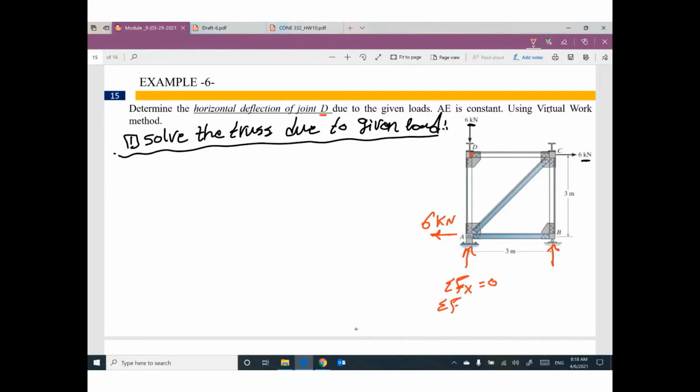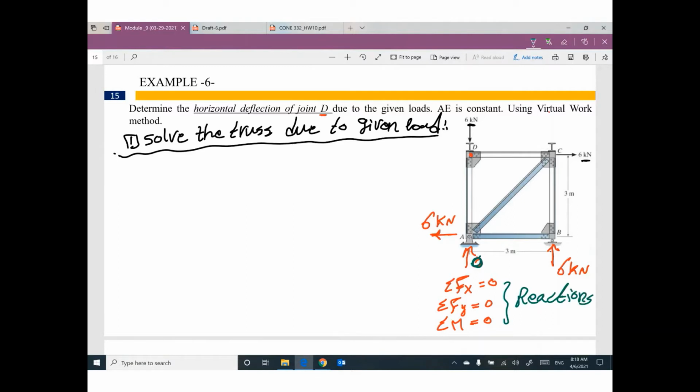If you apply summation Fy equals 0 and summation moment at any point equals 0, this reaction will be 6 kilonewton, and this one will be 0 reaction. If you take moment here, this one will be cancelled. So I found reactions. Why did I find the reactions? Because I need to solve this truss.